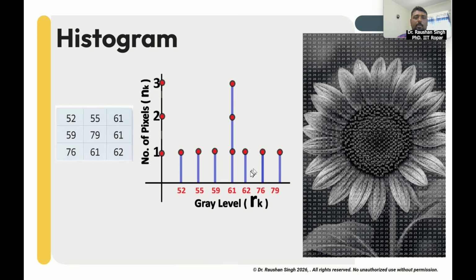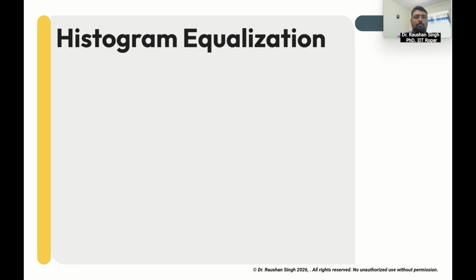Then the remaining 62, 76 and 79 came one time each. So totally how many pixels are there? 1, 2, 3, 4, 5, 6, 7, 8 and 9. So 9 pixels are represented by the frequency of how many times each appeared in the image. That is your histogram. You can see how you convert your complete image intensities into the form of a histogram.